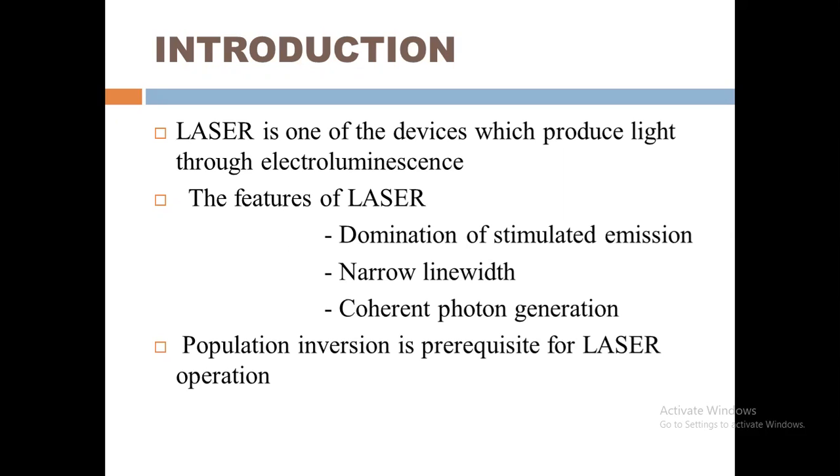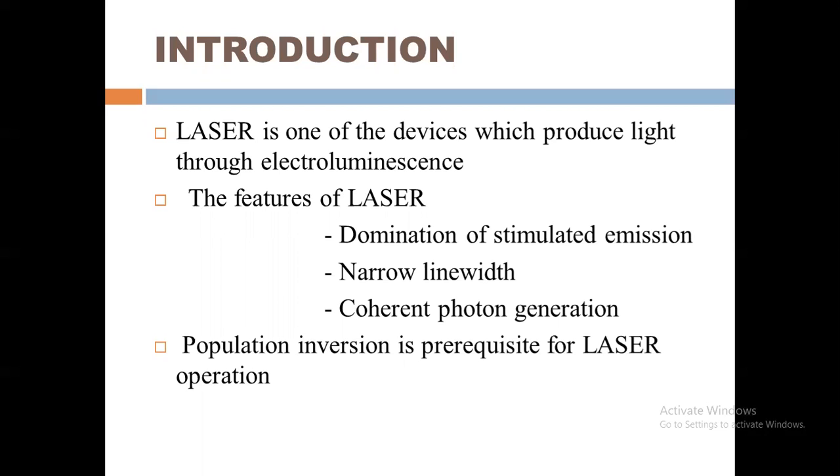There are some particular features of laser. One of the features is domination of stimulated emission. In laser, stimulated emission dominates over spontaneous emission. Again, in laser, the line width of the output spectrum is narrower compared with the LED.